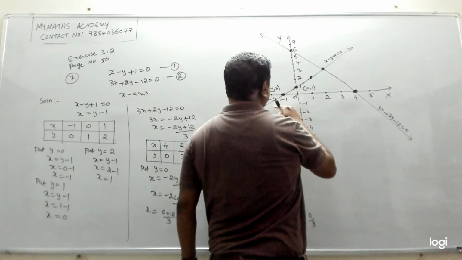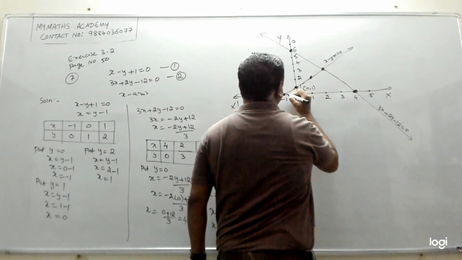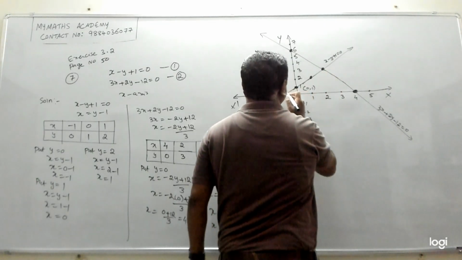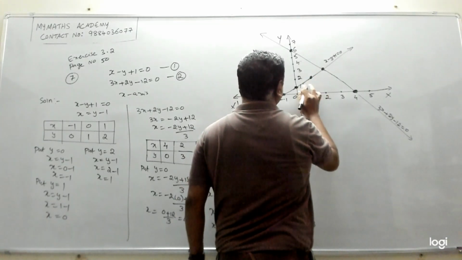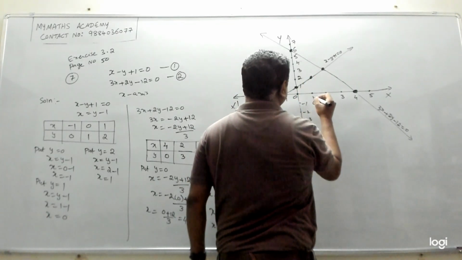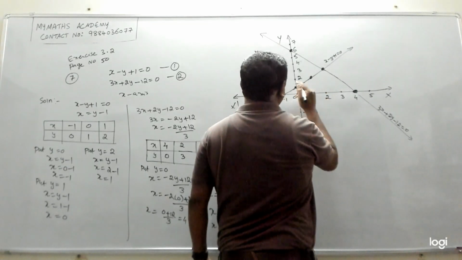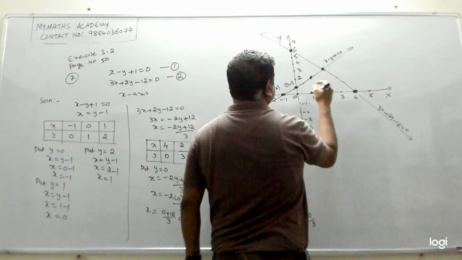Now what is the triangle formed between these two lines and x-axis? Which is this triangle. You see this? And we need to shade that. I'll put the 0 comma 1 here. This point is 0 comma 1.